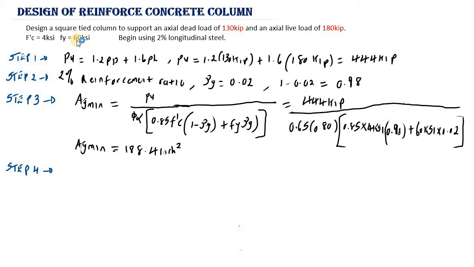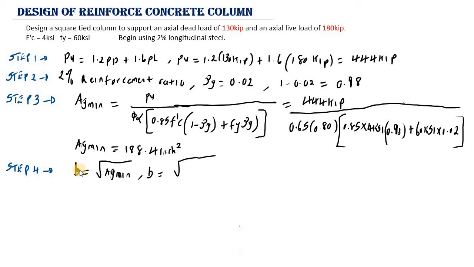In this case, this is just going to be the square root of the gross minimum area, because the sizes are similar. So B is going to be equal to D. B, which is the width and also the depth, is equal to the square root of AG minimum. What is AG minimum?